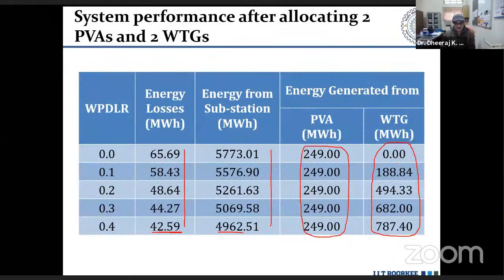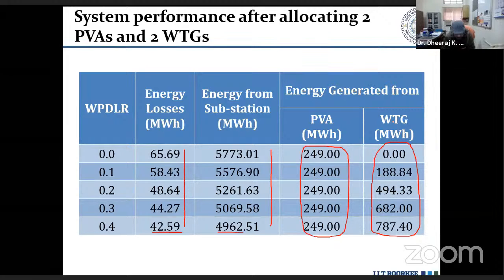So what is actually the final conclusion? That allocation of small DGs at different locations is more beneficial as compared to installation of a large size DG at a few locations. Or in other words, suppose we want to install a DG of, let us say, 1 megawatt.